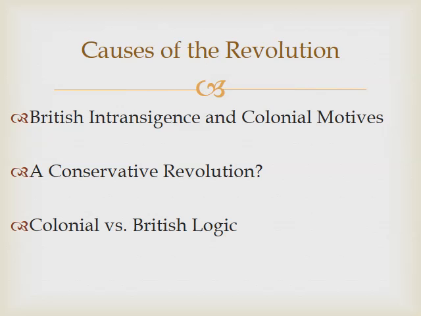And George Washington, when we look at numbers today and we look at land, is still probably the wealthiest president we've ever had in the United States. Revolutions are supposed to be led by the poor, dumb masses, right? It's supposed to be an overthrow of the system. But instead, this is a conservative revolution led by the elite.